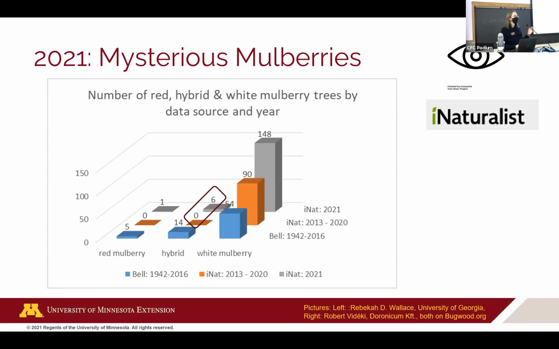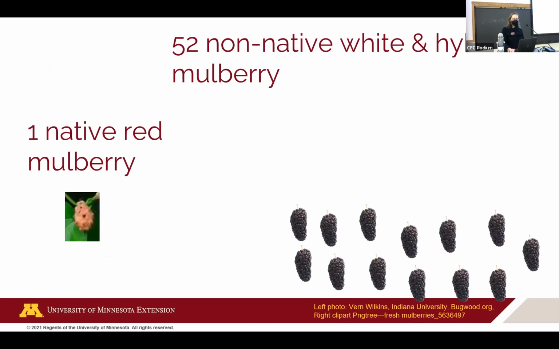There's no test for that. So there's no category in iNaturalist about hybridization, so I can't pick it. It's not a thing. And it's interesting that there were 14 hybrids in the original data set when we can't actually confirm hybridization. But you can see there's a really sharp increase in non-native white mulberries and no comparative increase in that. And then these 6 are my best guess at hybrids. All right, so what does that mean?